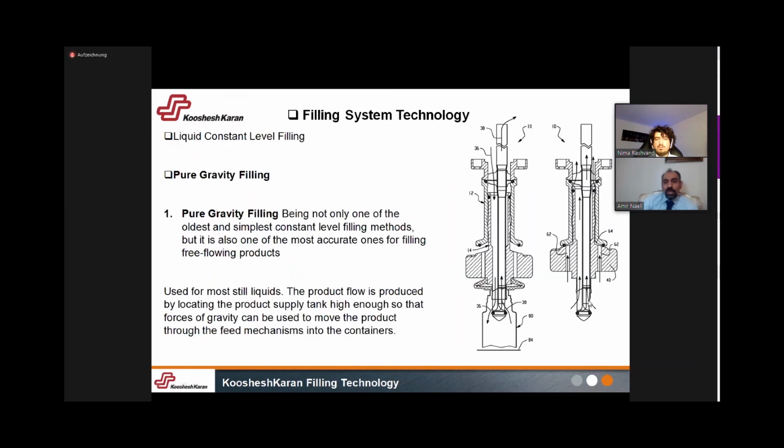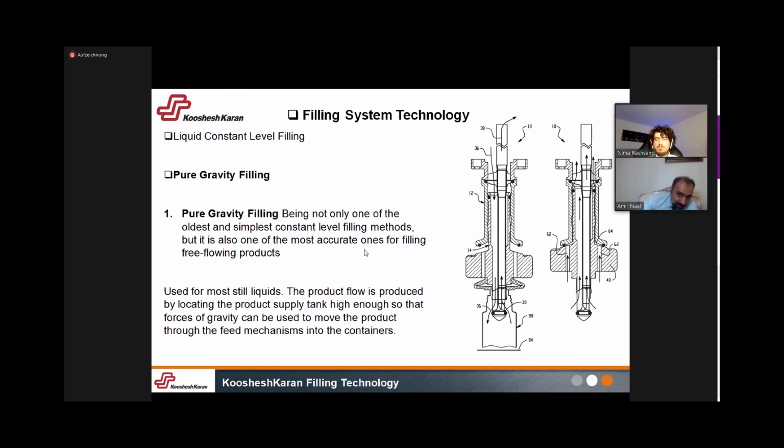Pure gravity filling is not only one of the oldest and simplest constant level filling methods, and the common model in the filling machine, but also one of the most accurate ones for filling free flowing products.